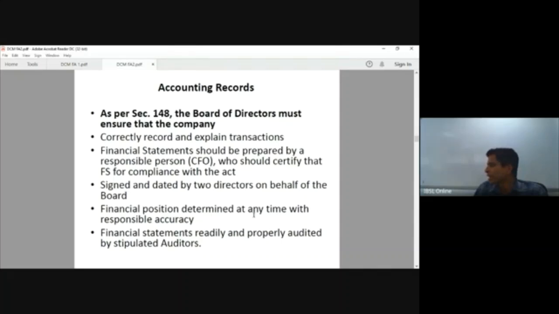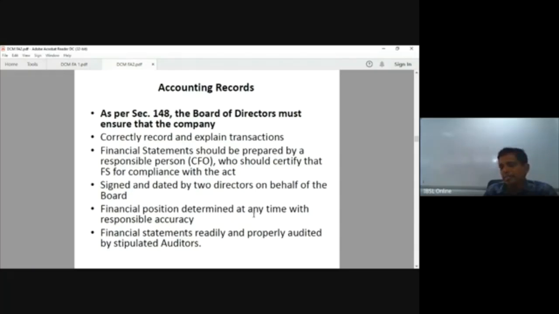There is a requirement for the main two financial statements, the income statement and the statement of financial position. After the statement of financial position, the CFO has to sign that these financial statements are in compliance with the Companies Act.